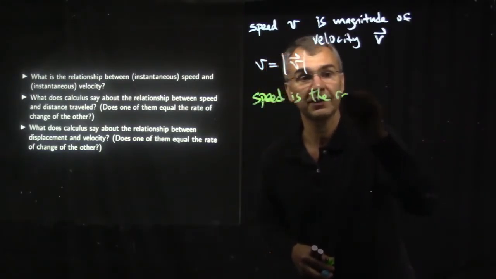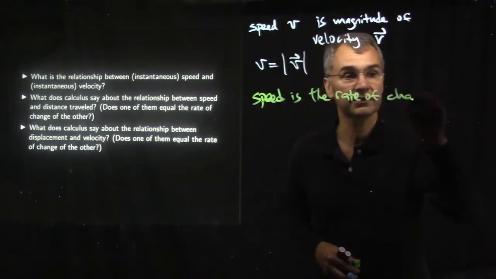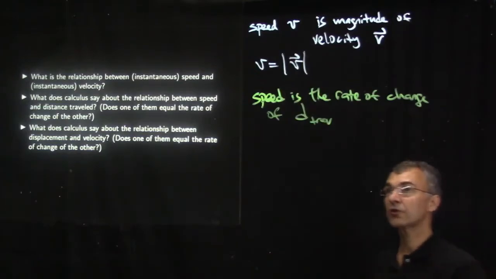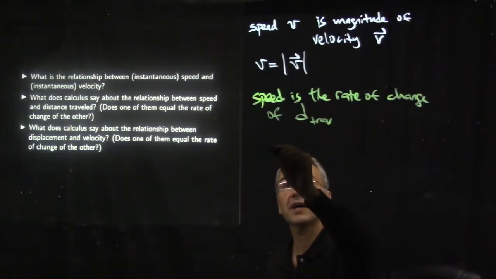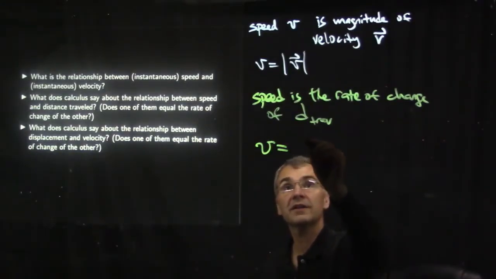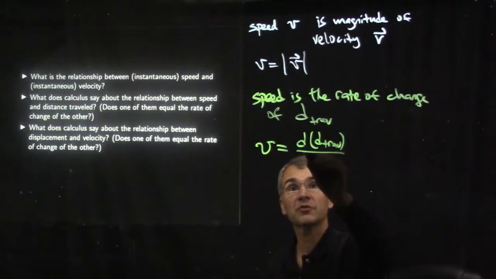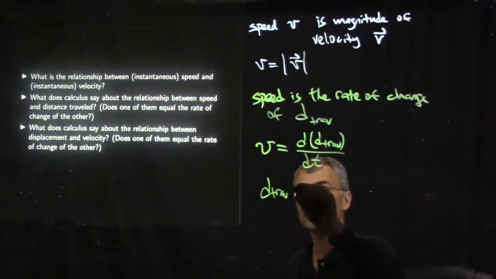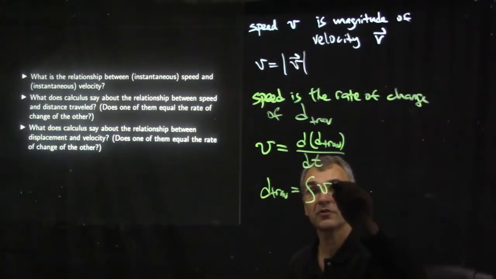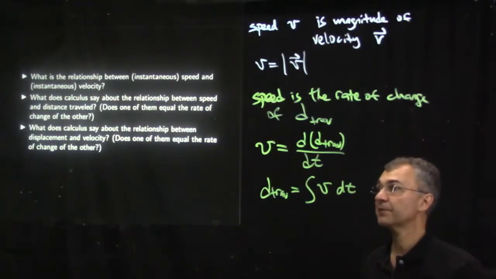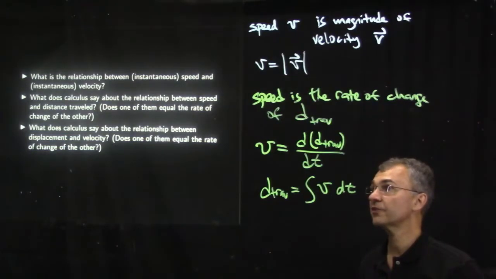So, therefore, you could say the speed is the derivative of distance traveled with respect to time. I think that's a true statement. You could say that the distance traveled is the integral of the speed with respect to time. That might be a little bit scary, but we could say that. So I think calculus says those things.